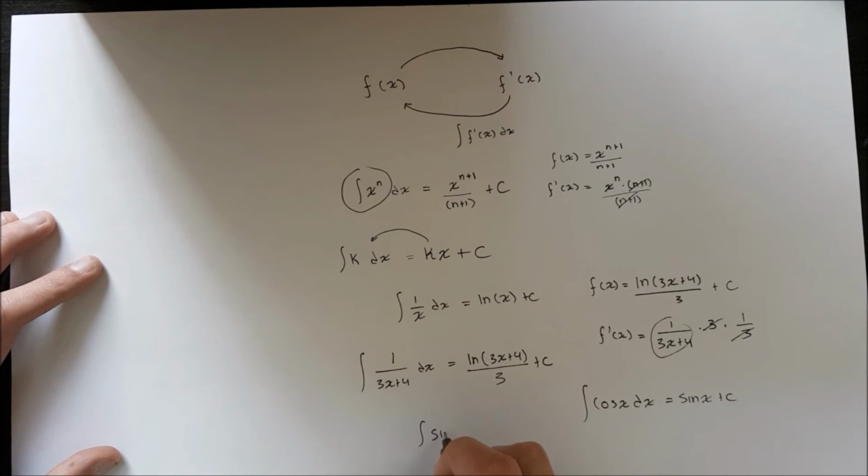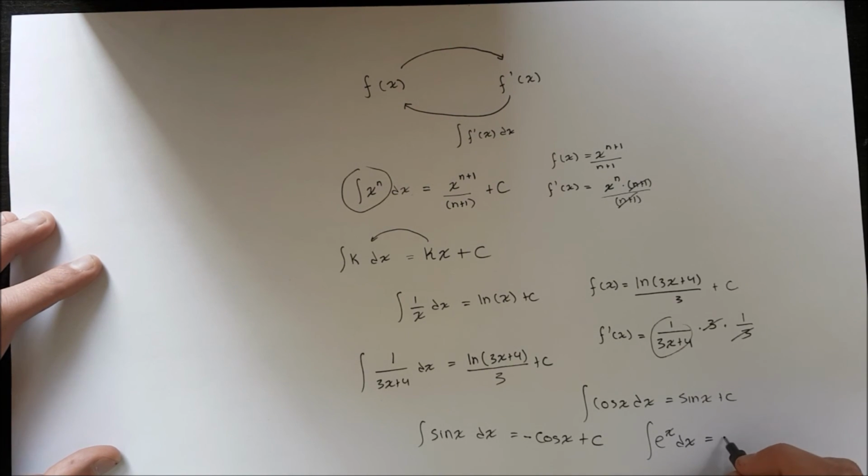Similarly, the integral of sine x dx is going to be equal to negative cosine x plus c, because the derivative of cosine x is negative sine, but we want that positive sine of x, so it has to be negative cosine x. And last one, the integral of e to the power of x dx. Well, e to the power of x always stays the same, so we're going to get e to the power of x plus c.